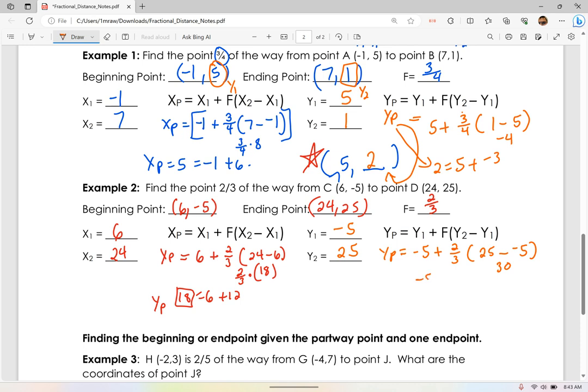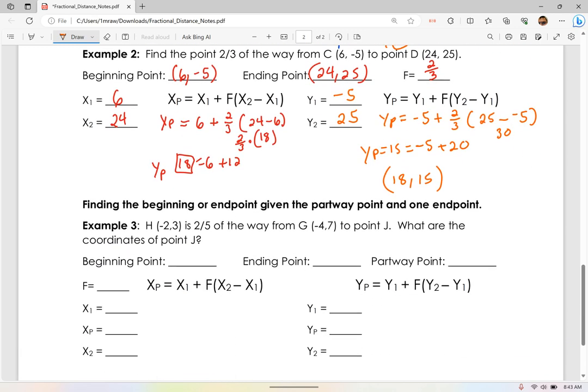So I have -5 plus 20, which gives me positive 15. And that's what YP is. So my point would be at 18 comma 15. That's the point that's 2/3 the distance between those 2 points.